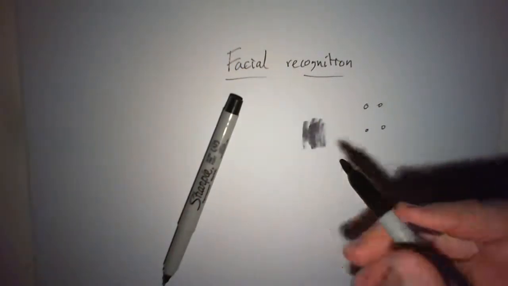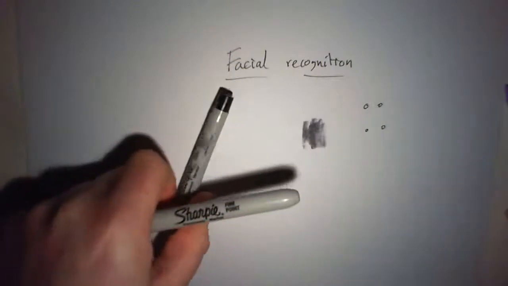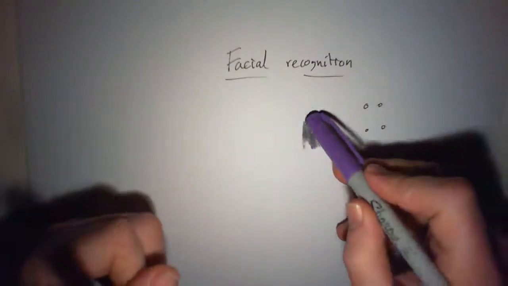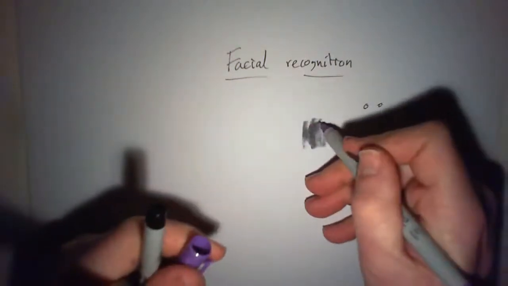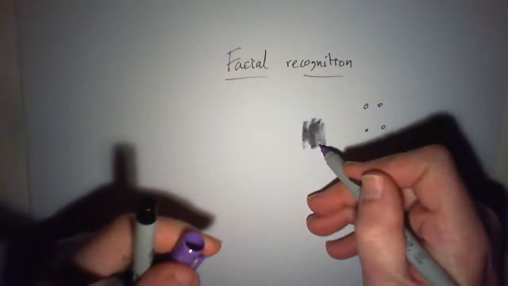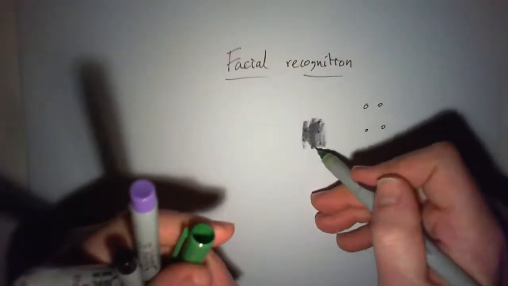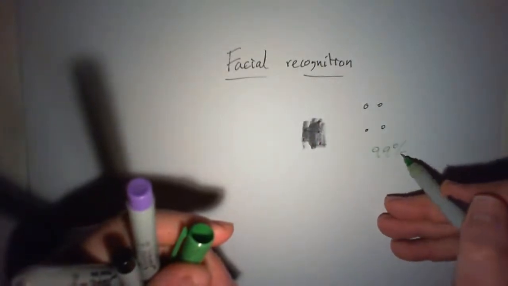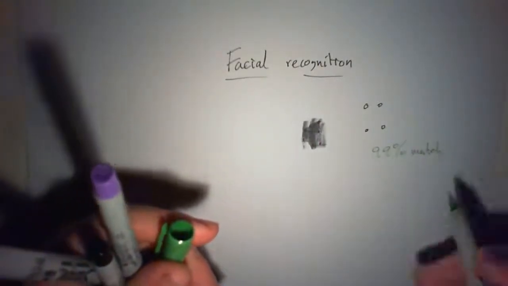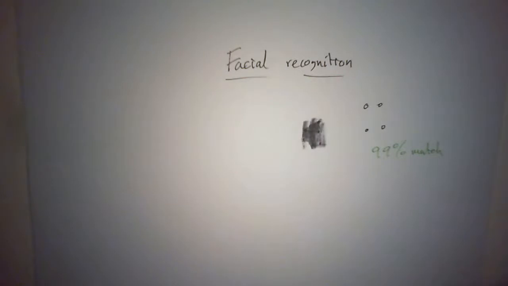So rather than look at absolutely every line, and you've seen this in the movies, it'll look for key markers. You often see the magic lines appear then on the computer program on the telly. 99% match, it's your guy, type of thing. Okay, so it just looks for that match.